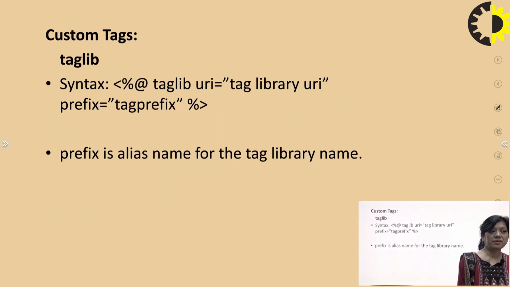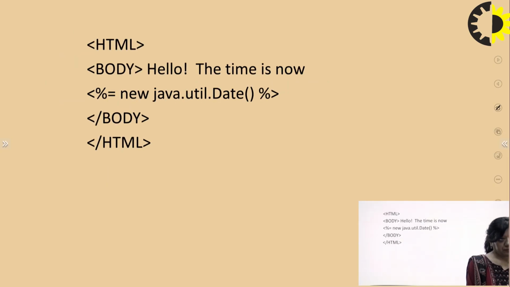Next one is custom tag. Custom tag again takes the same taglib URL, which tag we want to use. Prefix means alias name for the tag library name. So this is a small example of this tag.